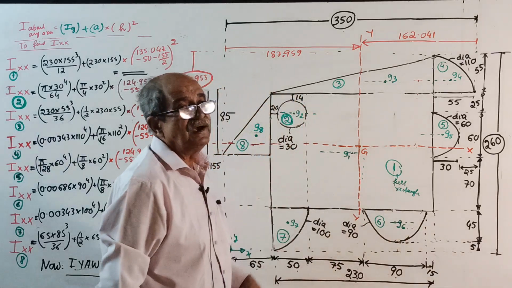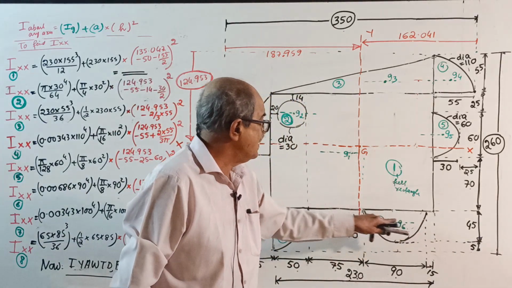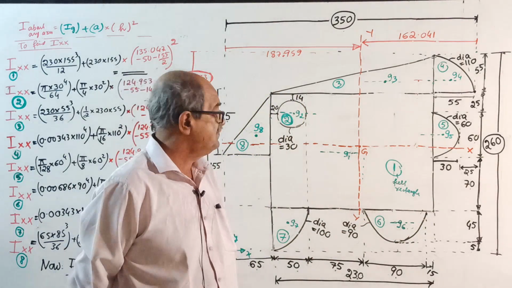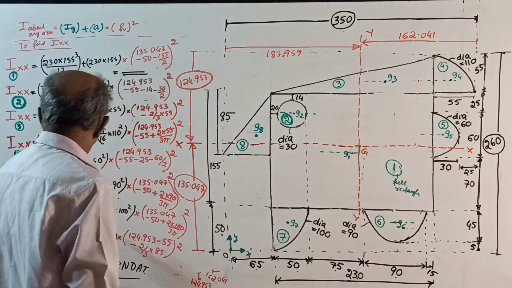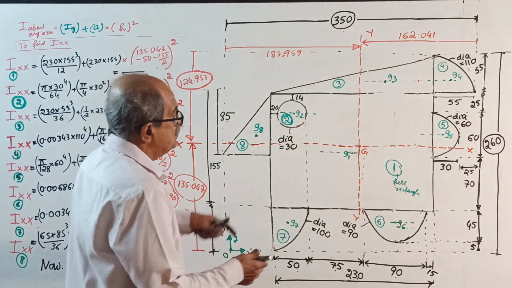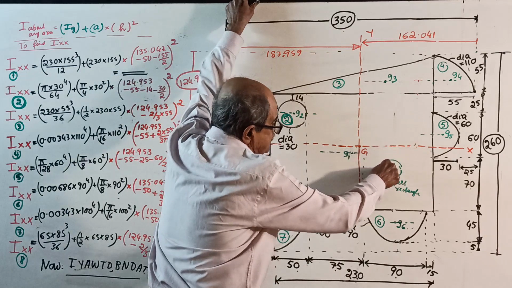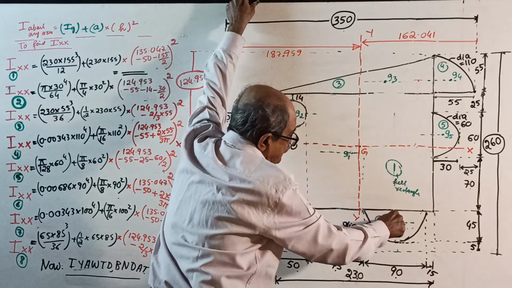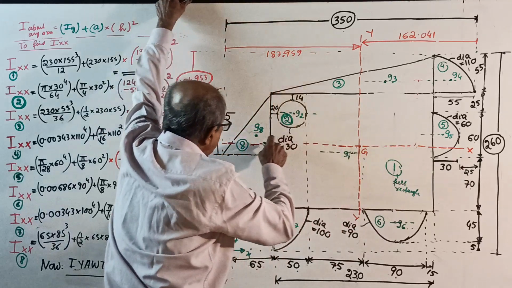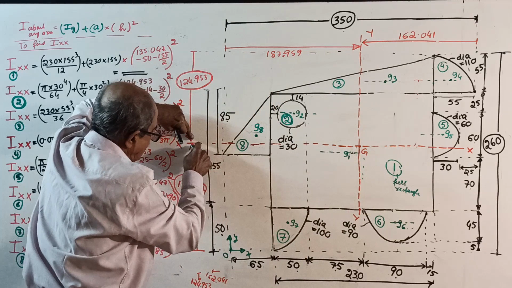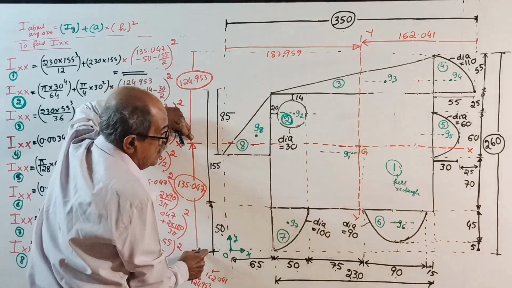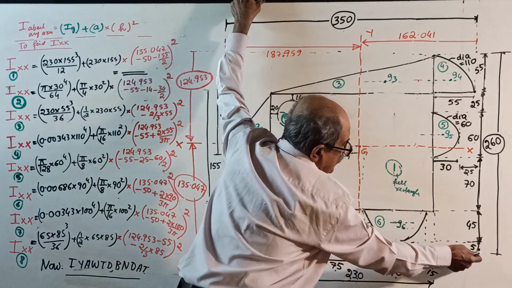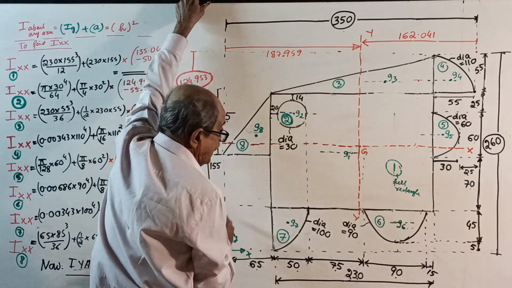Sixth one, I about its own centroidal axis. This is a semicircle. Its own centroidal axis is not the symmetrical axis. So 0.00686 d^4 plus area into, see, this distance squared. Be careful. This distance squared is the full distance up to the extreme end, 135.047. Subtract this distance, see, 5 and 45, or here 50.